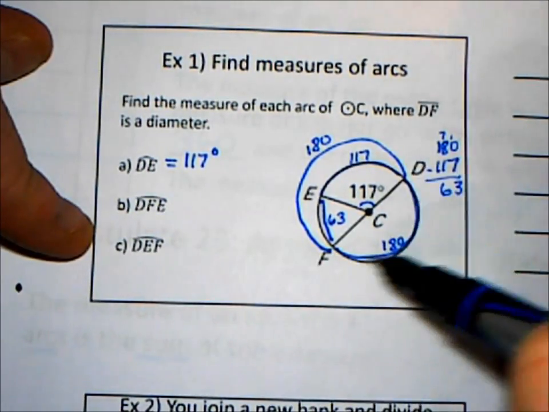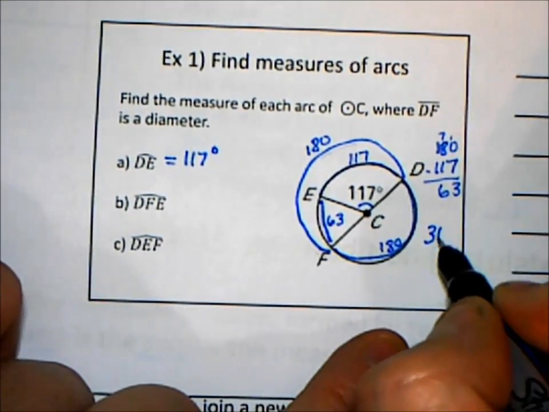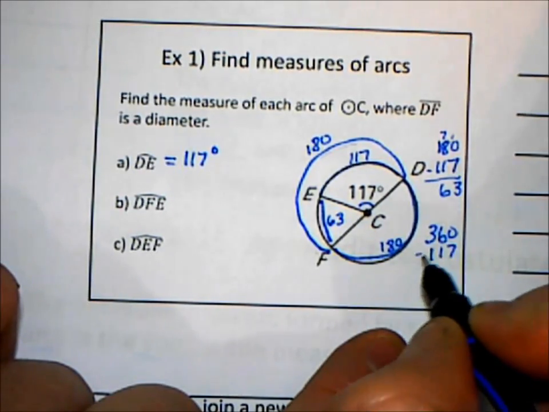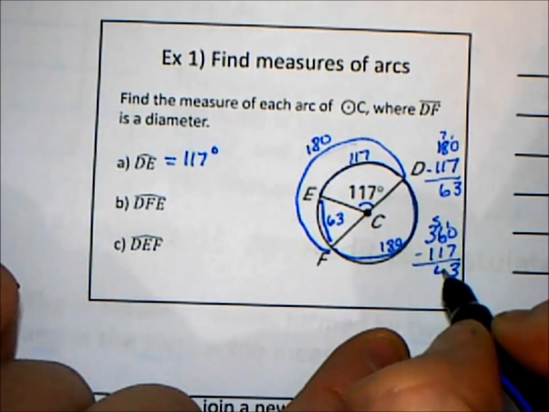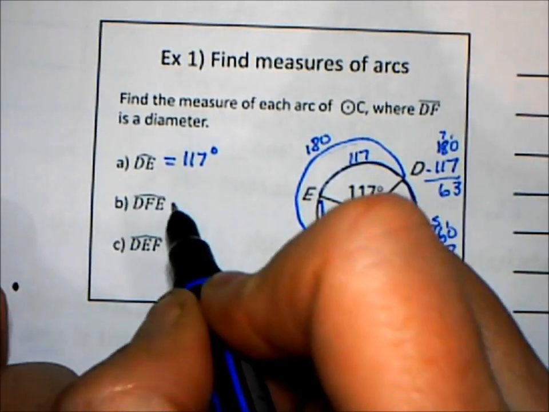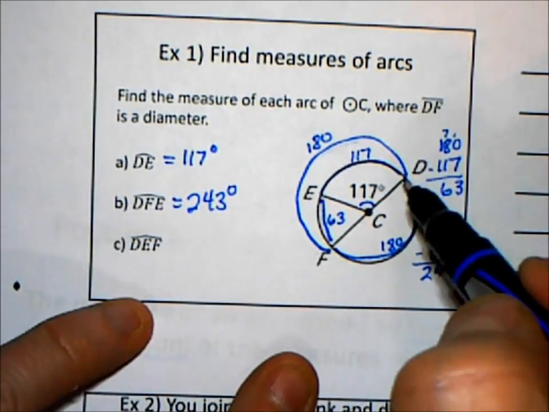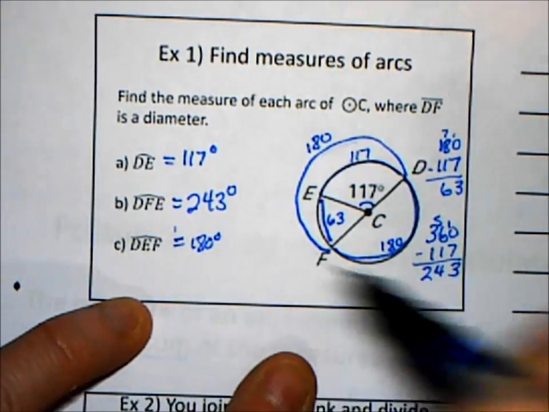But to find DFE, I'm going to take 360 and subtract the central angle of 117. And see that that is 243. And then to find DEF, I know that that happens to be 180 degrees because it's a semicircle.